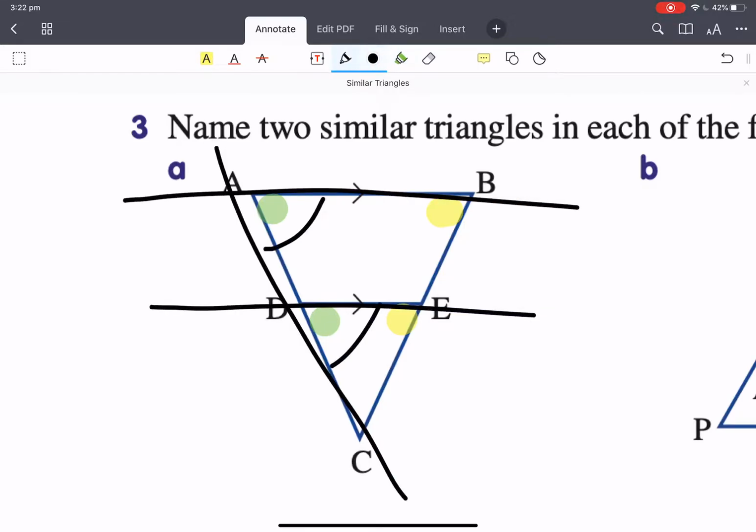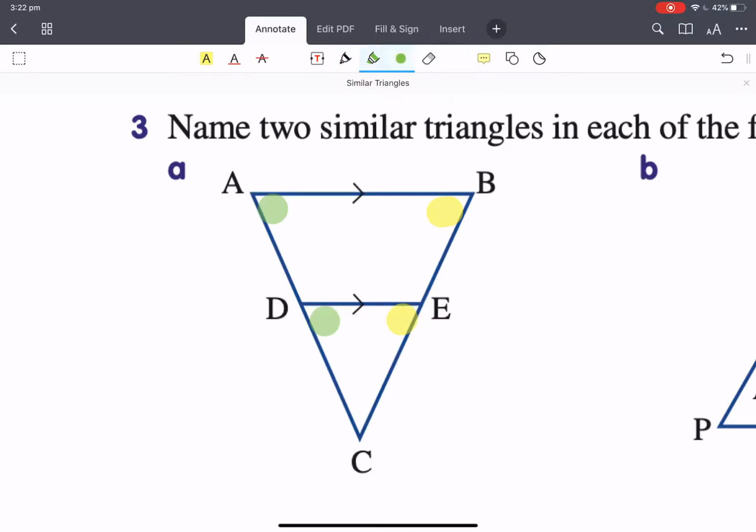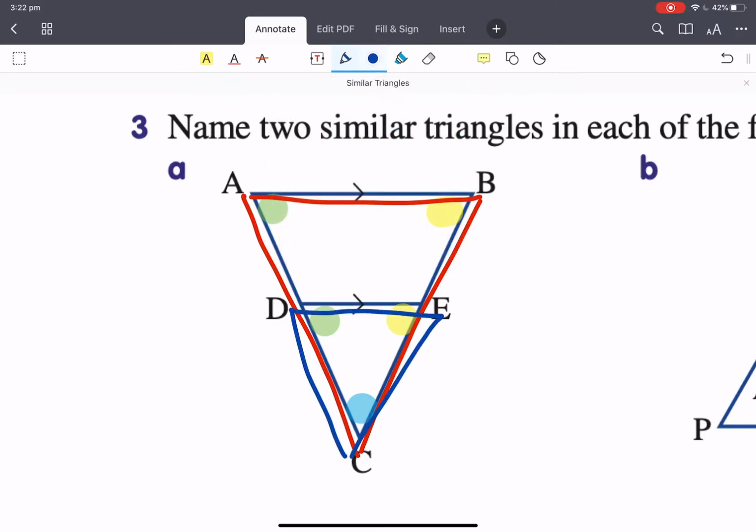They are corresponding angles. And you can see that that angle is in both triangles. So what we can say is that triangle and that triangle are similar because of AAA.